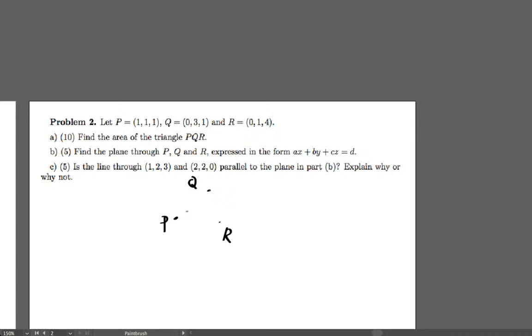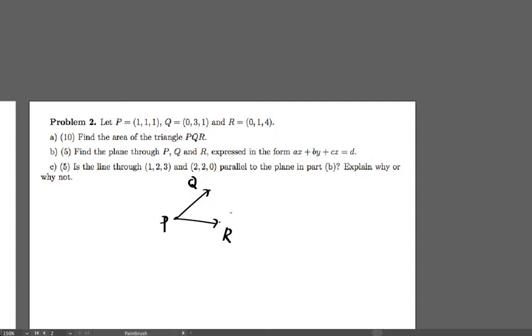I guess this will do, because we are only sketching some stuff. But it is not to scale. So first things first, we can take from P to Q here, and from P to R here.